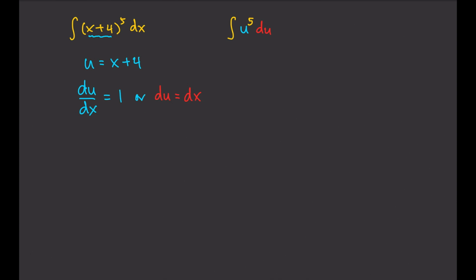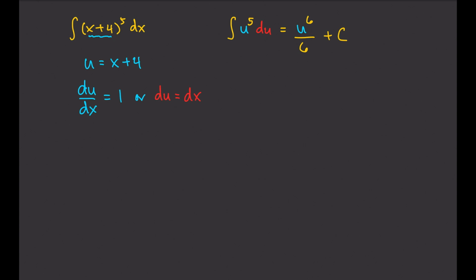Okay, and if you look at this antiderivative, this is something that we have learned before, right? We know how to find the antiderivative of that. So that'll give us u to the power of 5 plus 1, which is 6, over 6 plus c. That's the antiderivative.